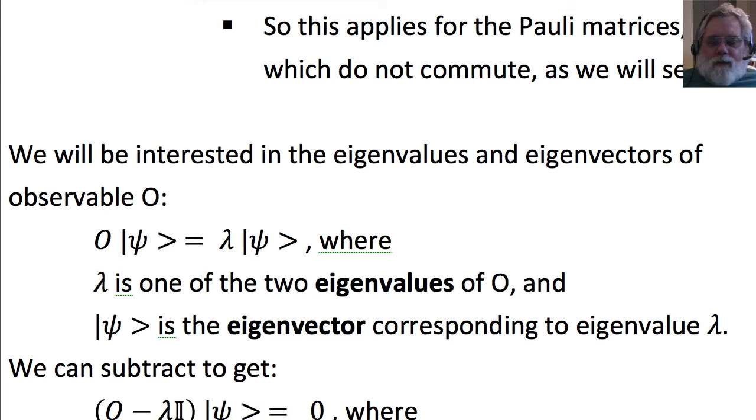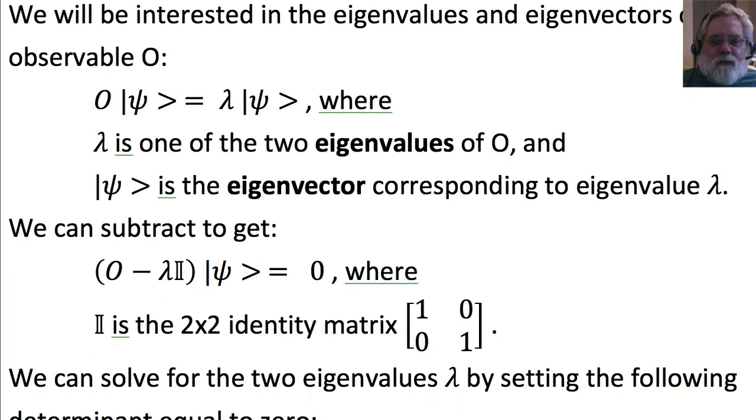We'd like to know how to solve that. And actually it is easy to solve. It requires a little linear algebra, but the least amount of linear algebra that you could possibly have. So we could take the right side and move it onto the left side by doing a subtraction. We would get O psi minus lambda psi equals 0.